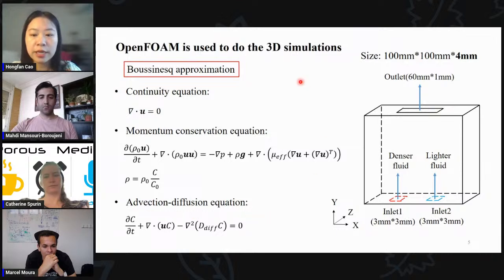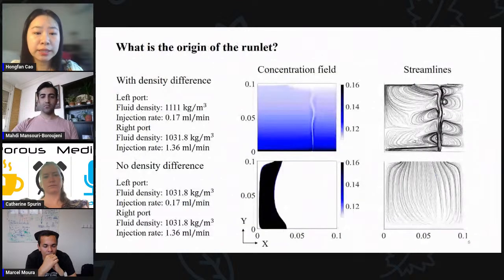And we also applied the Boussinesq approximation to make the simulation easier. And the model setup is similar to the experiment. We successfully reproduced the unstable rivulet in the numerical simulation, as we can see from the first figure.